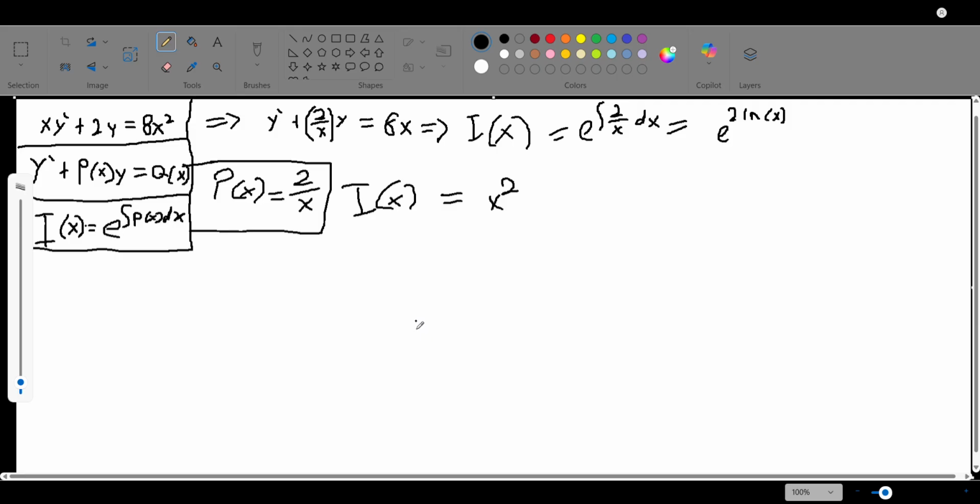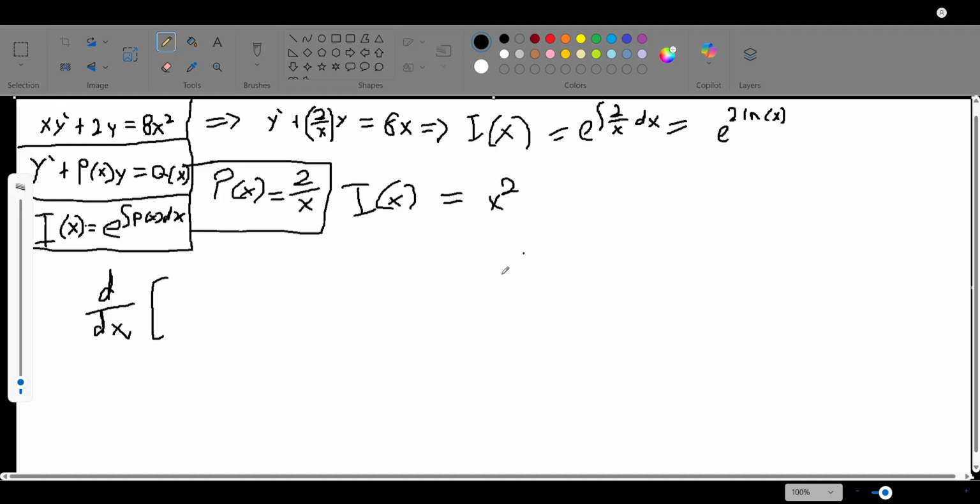Now, here's where things become different from the homogeneous equations. Whenever you have a non-homogeneous equation, you need to set the derivative of y multiplied by the integrating factor.